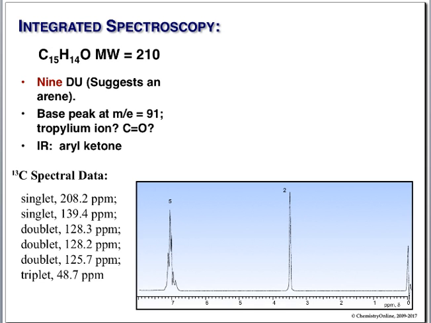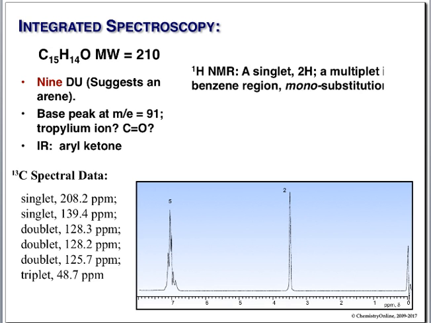This kind of looks like 2 monosubstituted benzenes, bit messy, but that's what it looks like. That would give us 10 hydrogens. Our CH2s, are they adjacent to any other hydrogen? No, they're isolated. We have a peak for a CH2 and a multiplet down here for a monosubstituted benzene.